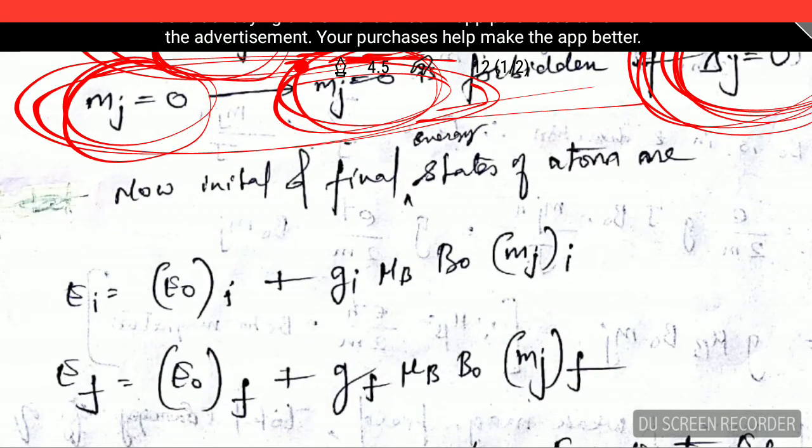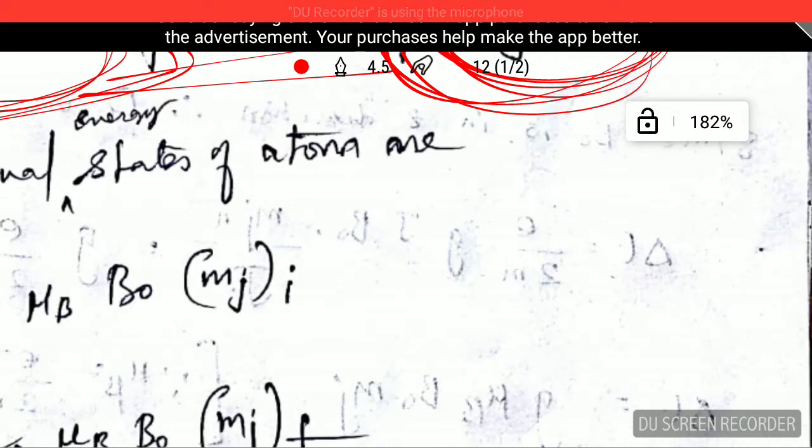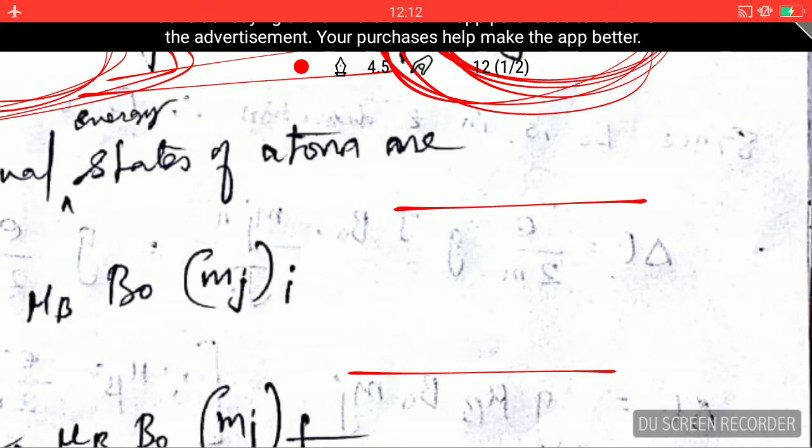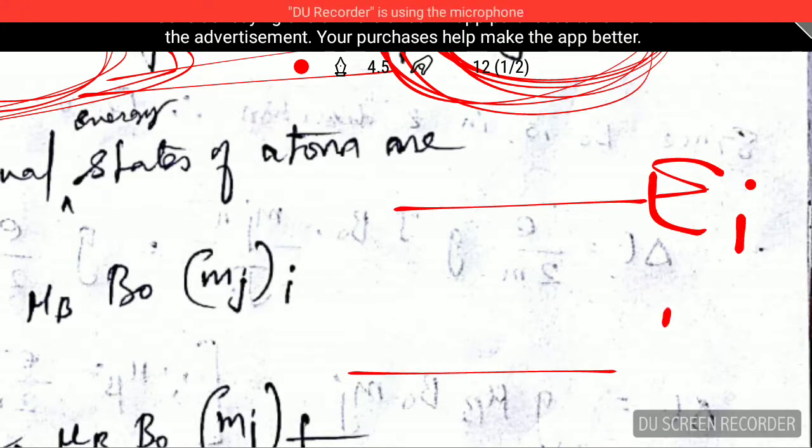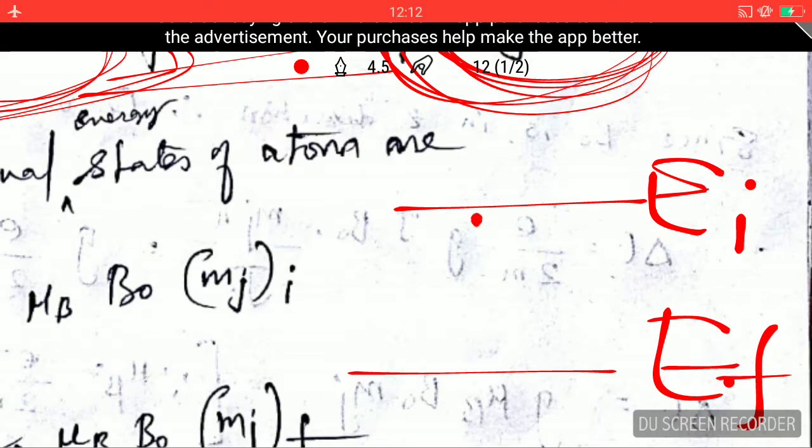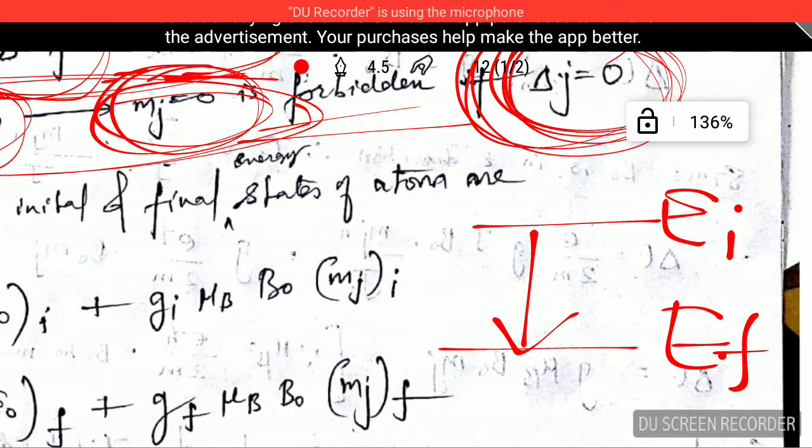Now let's find the frequency of the line that is emitted when the atom makes a transition between two states. Let's consider the initial and final states. The atom makes the transition between the initial and the final states.